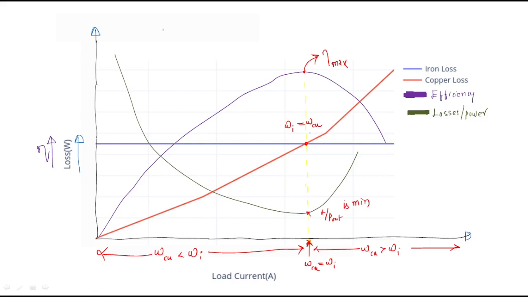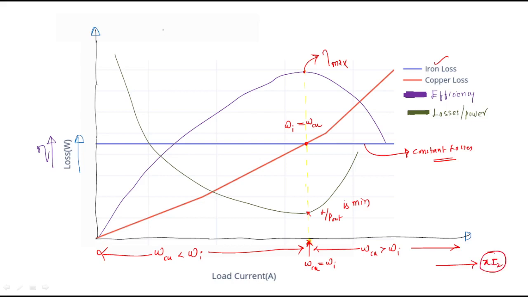So these are nothing but iron losses. See, this blue color marker represents iron loss. Those are nothing but constant losses. That's why there is no variation in the graph for constant losses, it is constant from zero load to maximum load. But what about this red color marker? These are nothing but the variation of copper losses with the variation of I2.